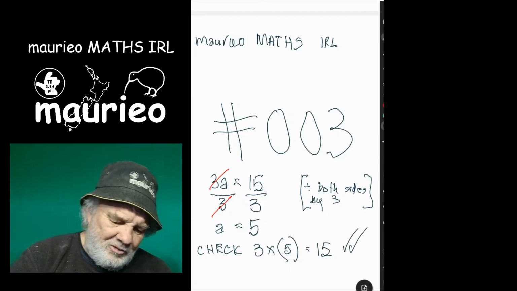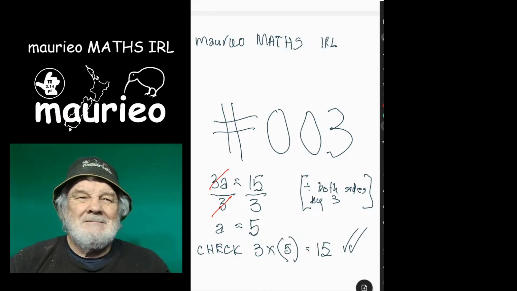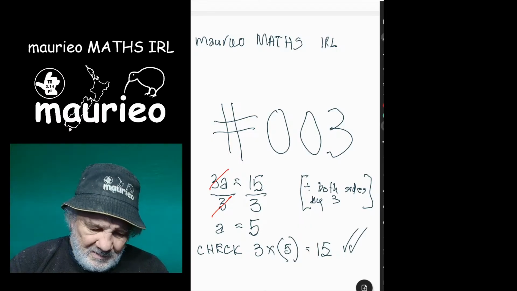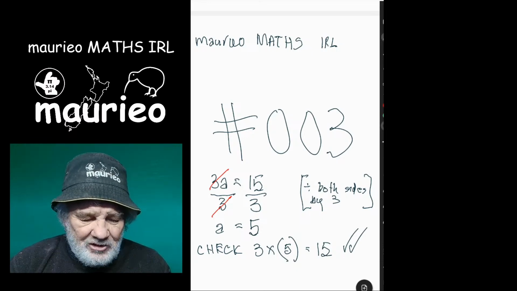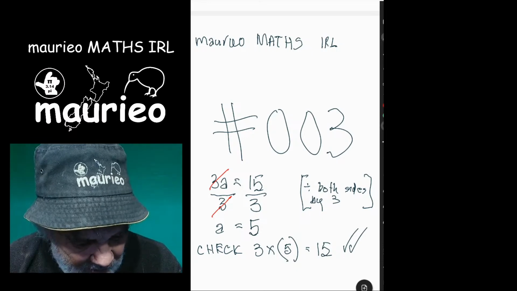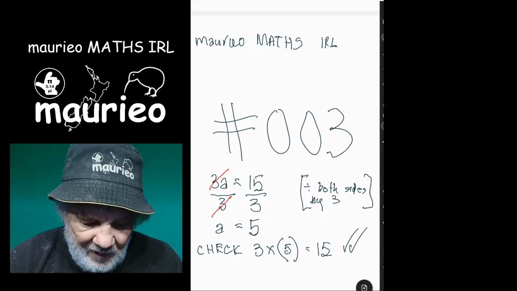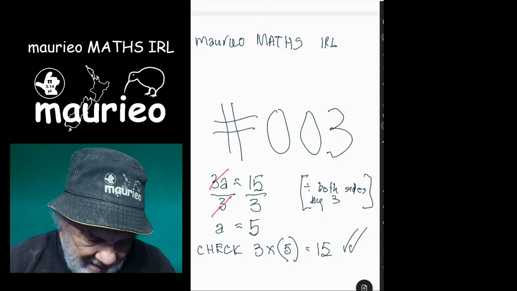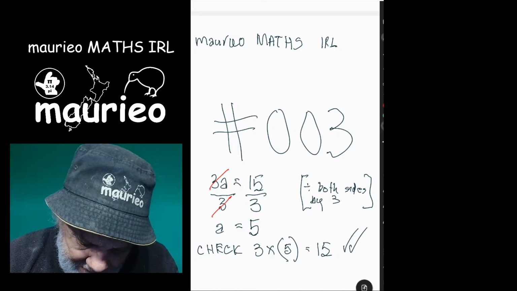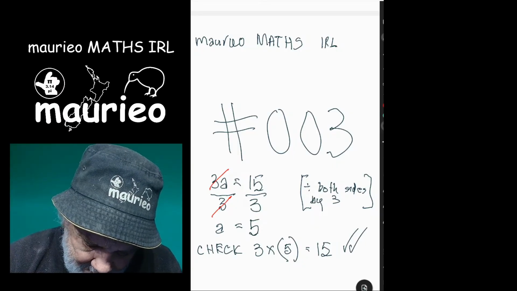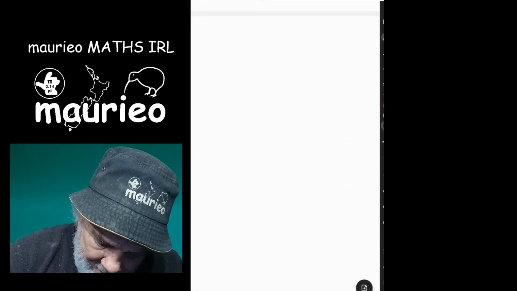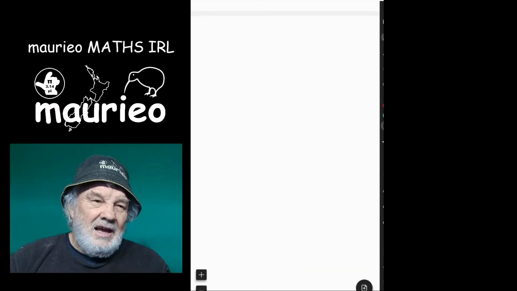In mathematics, we substitute back into the original equation. 3a equals 15, 3 times 5 equals 15. Therefore a must be 5. And that's pretty good. So that was just a recap of what we did last night.